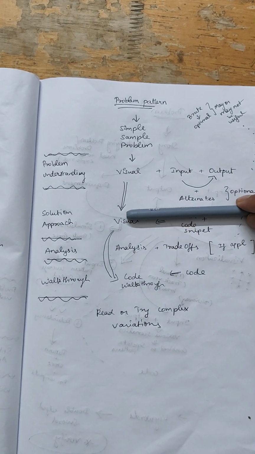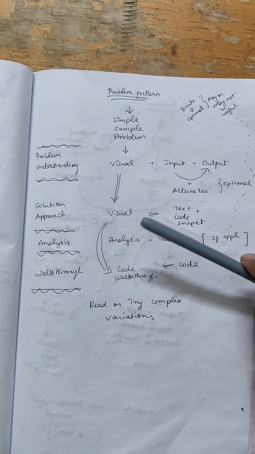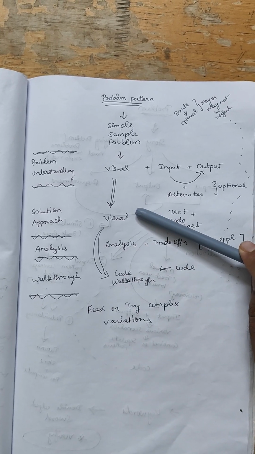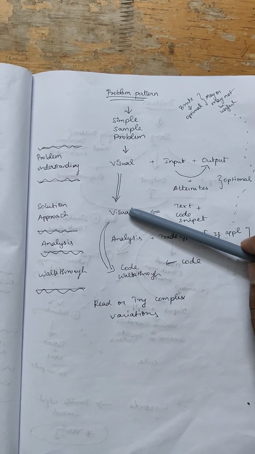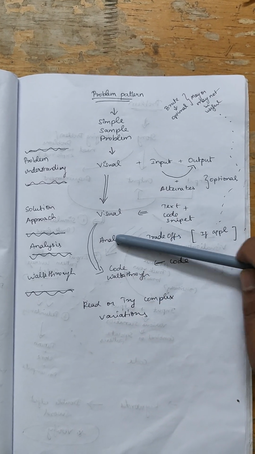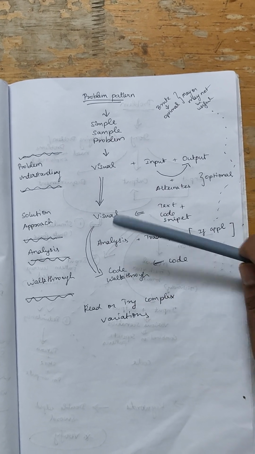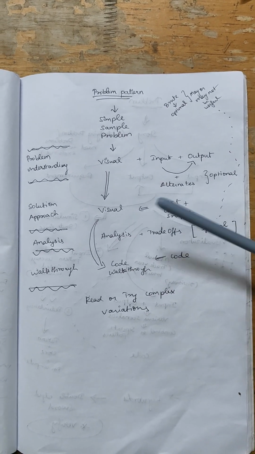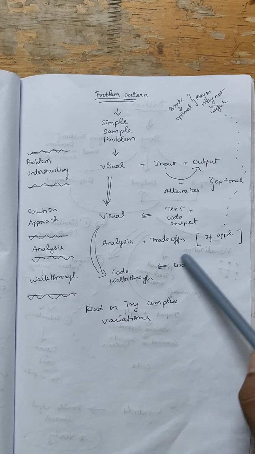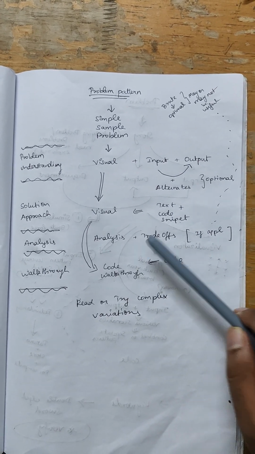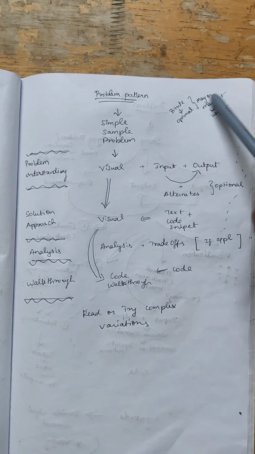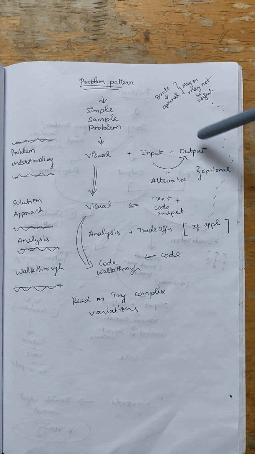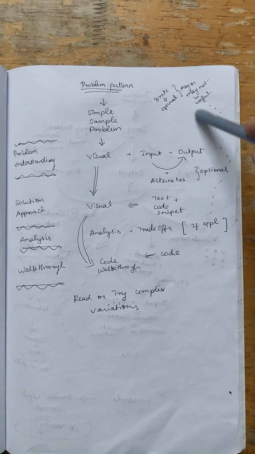Once you understand the solution visually, you can do the analysis of the solution. This can be done just from the visual. Is it O of n squared, log n, what is happening. Sometimes there's a trade-off that might be important. This is where it connects to brute force, optimal, and more optimal approaches.